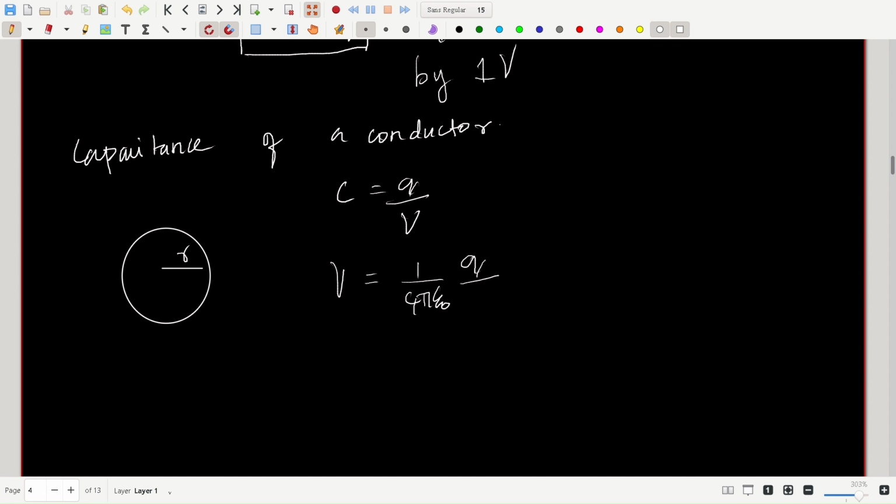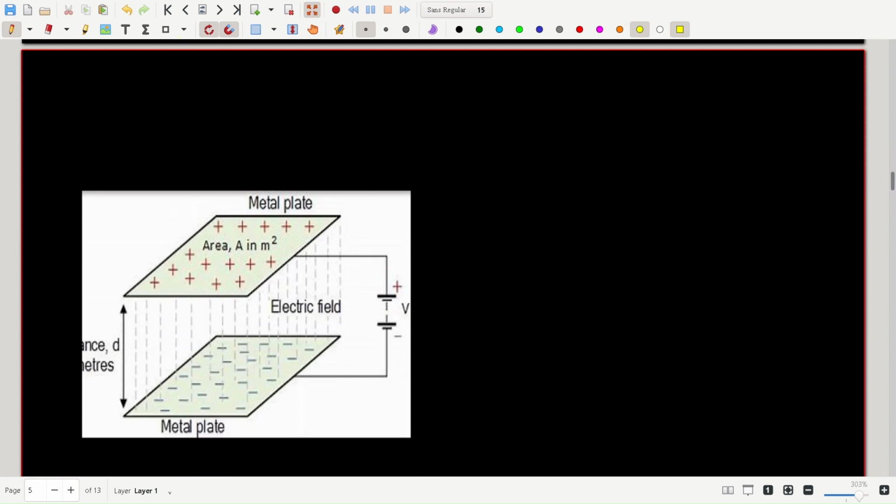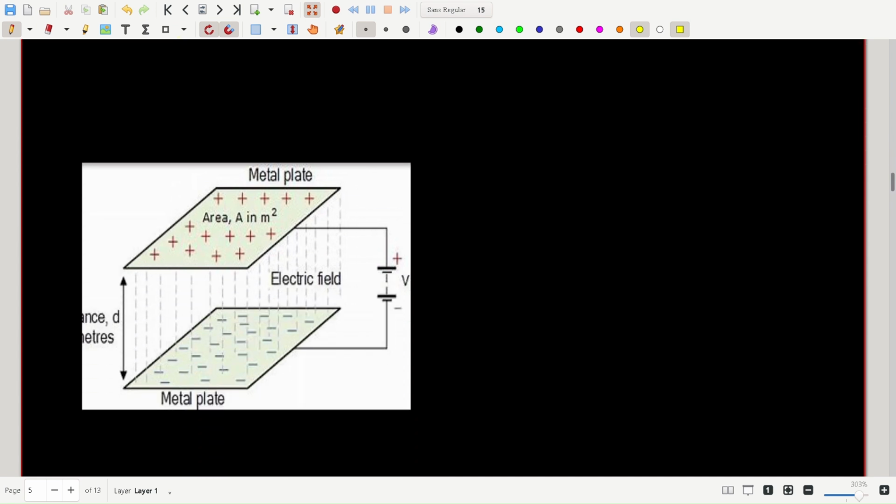V is equal to 1 by 4 pi epsilon 0 Q by R. Substituting this, you get C is equal to Q by 1 by 4 pi epsilon 0 Q by R. Here the charges get cancelled and you get the equation as 4 pi epsilon 0 R. This equation represents the capacitance of a spherical conductor.